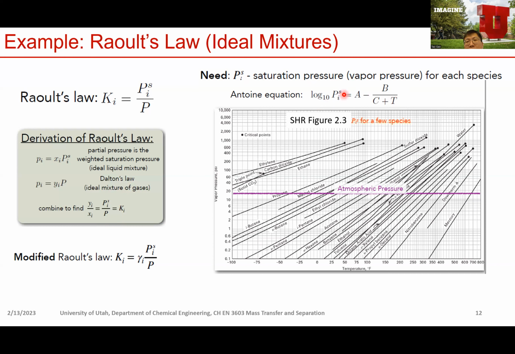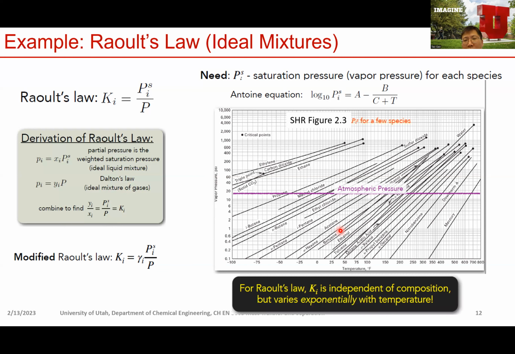And this equation is plotted in this figure where we have vapor pressure. This is in the log scale, and the temperature also on a log scale. Right? You can see that they are kind of linear in this figure. Right?